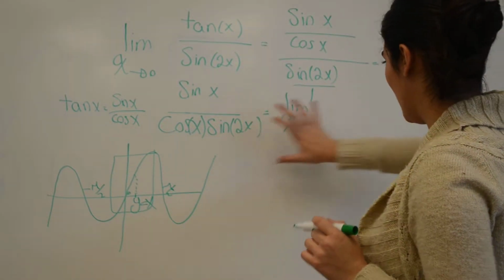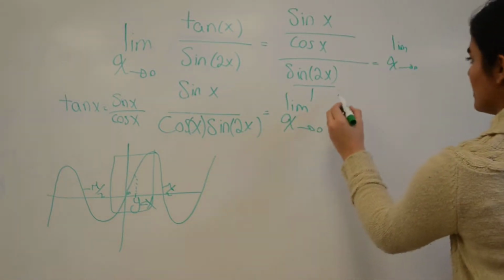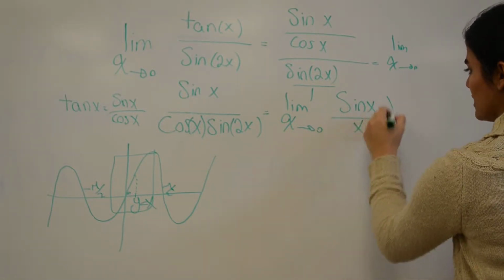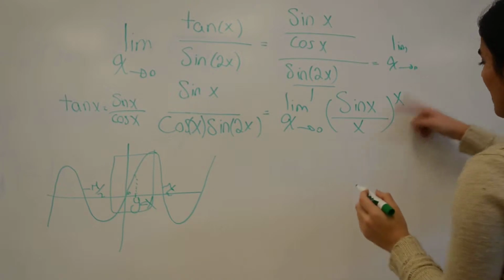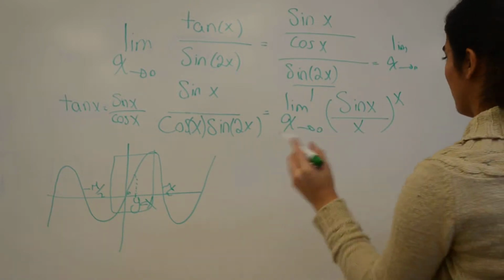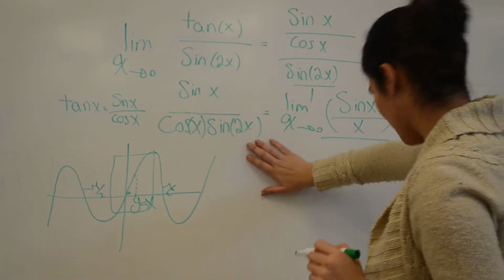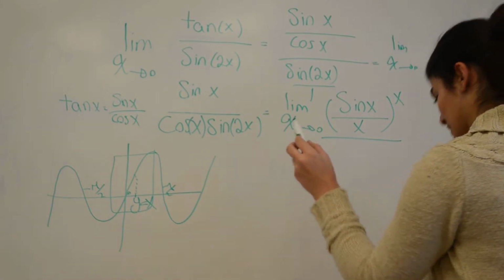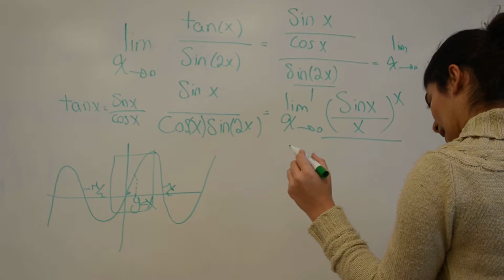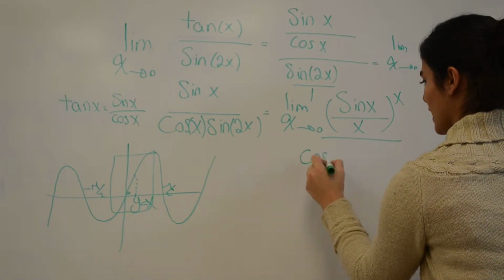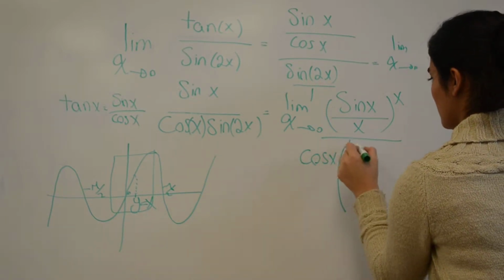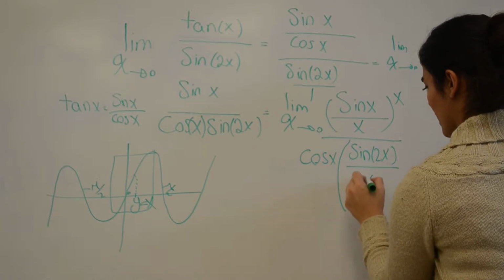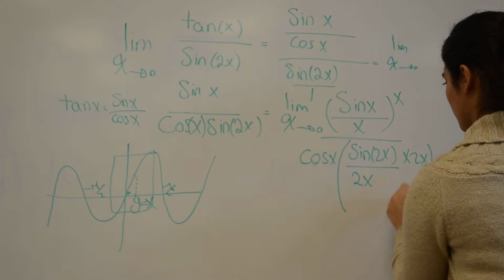So for sine x, we come here and multiply by sine x divided by x, and then multiply by x at the same time, so they can cancel out and the equation will be the same. And then for this part, we have to multiply sine 2x by 2x and then divide it by 2x at the same time as well. So we'll have cosine x, and then we have brackets sine 2x divided by 2x times 2x.